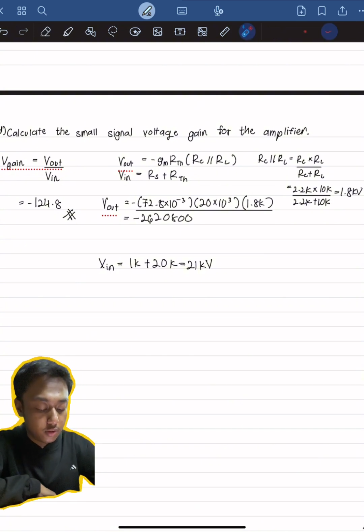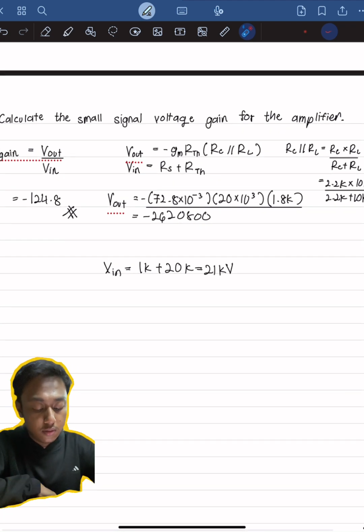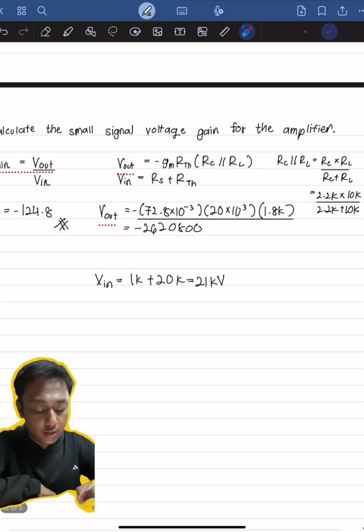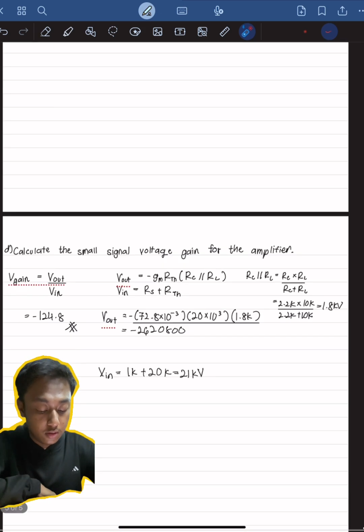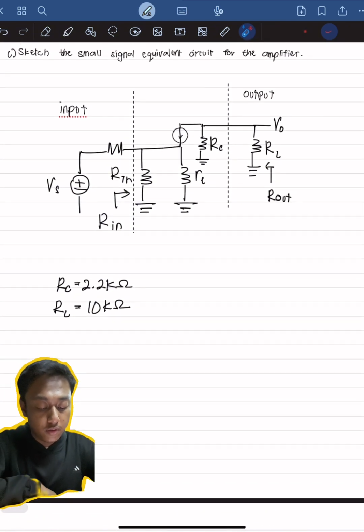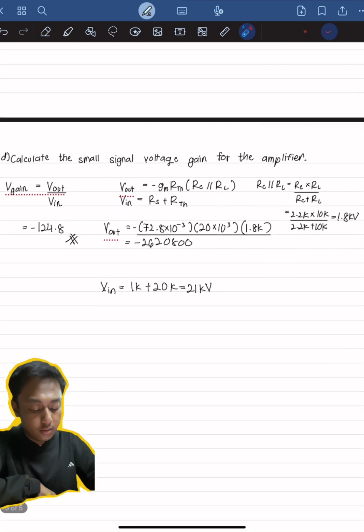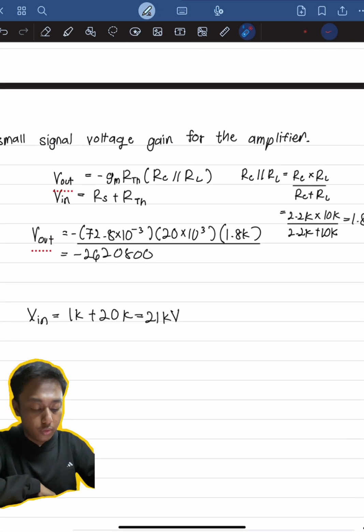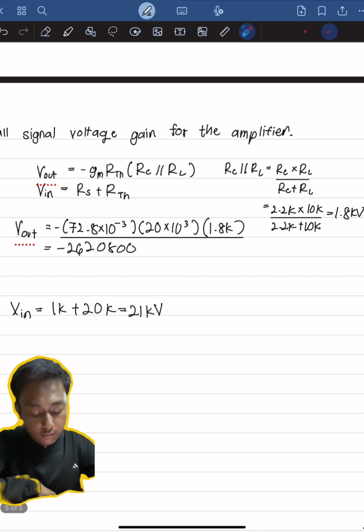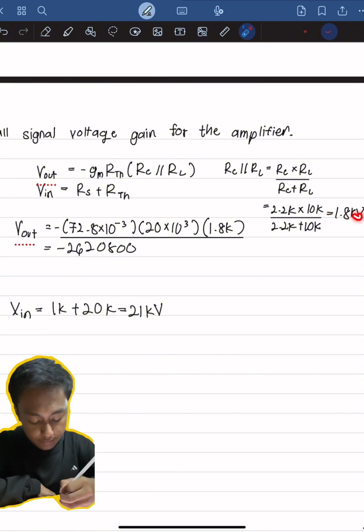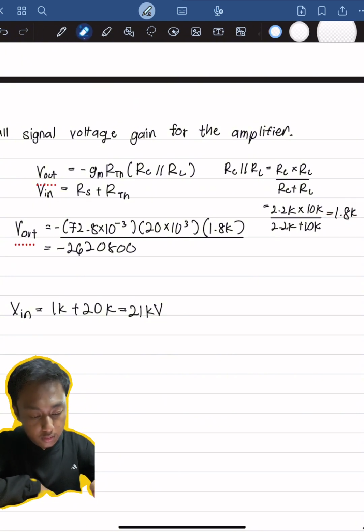Since V out is equal to negative GM times RTH, and also times the RC parallel with RL, from the simplified version of our circuit here, we can say that when RC is parallel with RL, we found a value which is 1.8 kilo ohm. Sorry, here is kilo ohm.